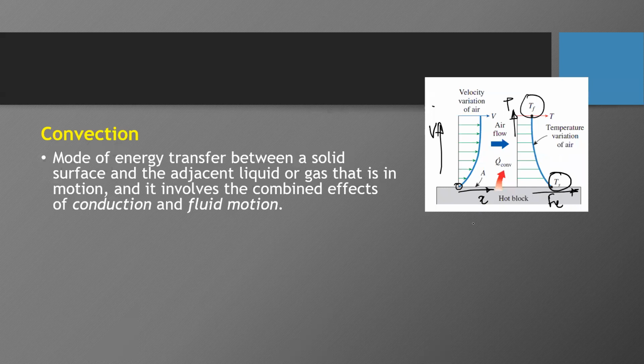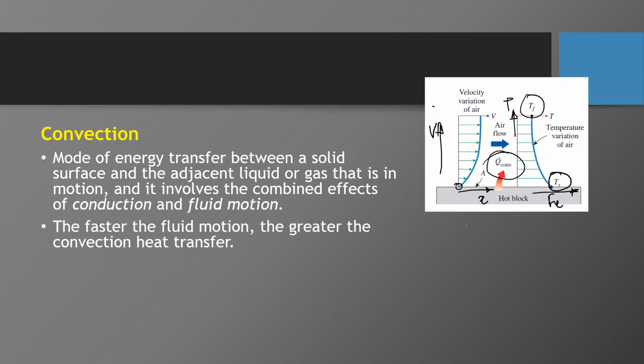That will carry more heat from the hot block, whatever your hot object, right? So the faster the fluid motion, the greater the convection heat transfer. That means when you are increasing your fan's velocity, you can cool your meal quickly, isn't it?